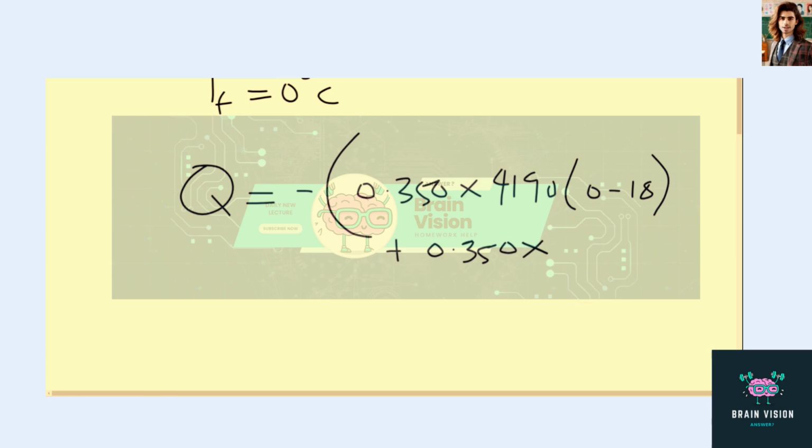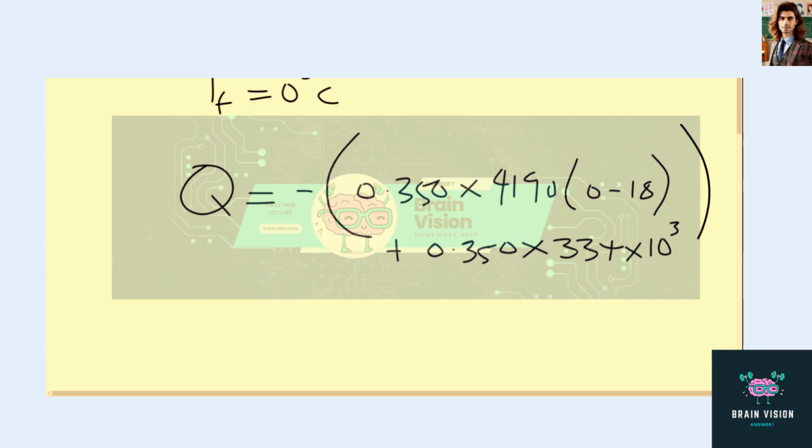The latent heat of fusion of ice or water is 334 times 10 to the power 3. You can look up these constants in your textbooks, as they are normally given in most textbooks.